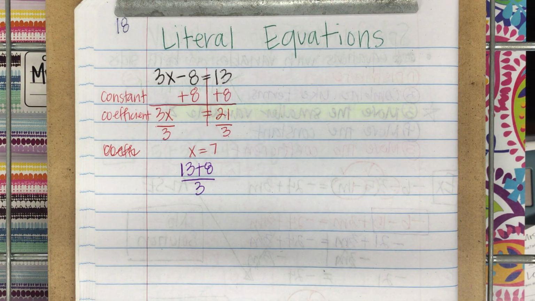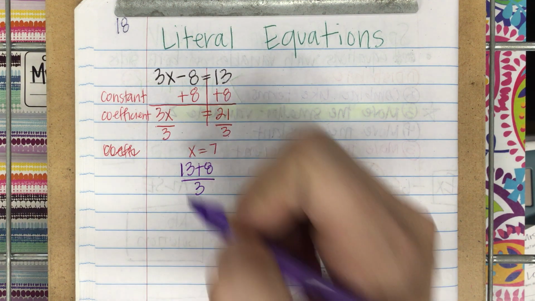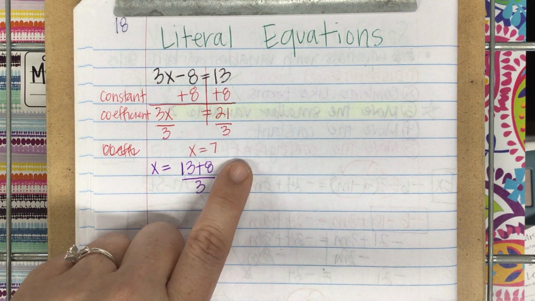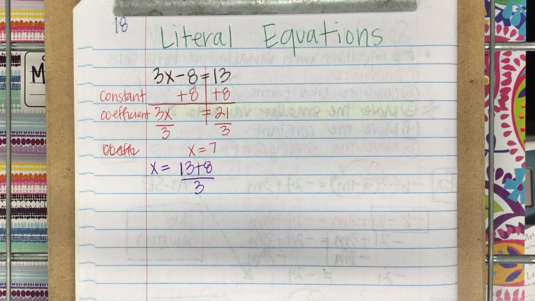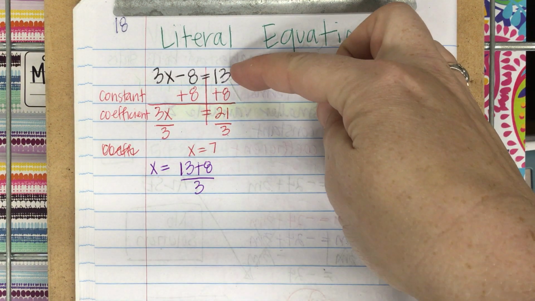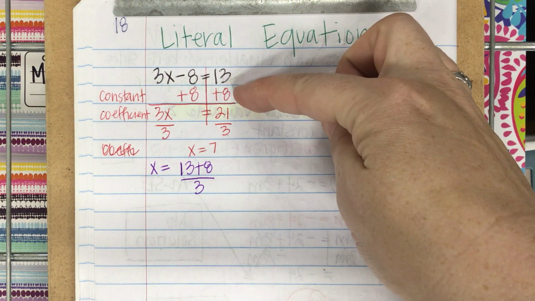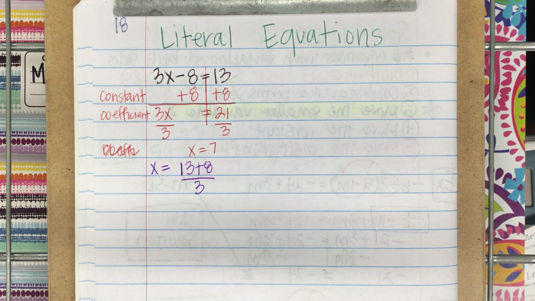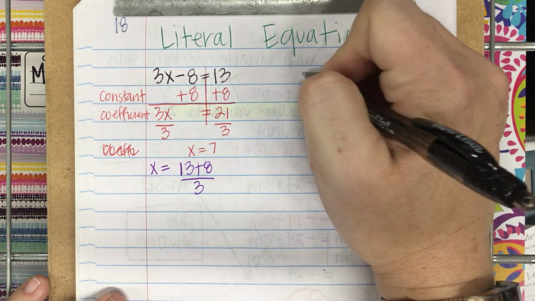So x is going to equal 13 plus 8 divided by 3. It makes the problem 10 times shorter, and I get it. That's the part that we like about it.